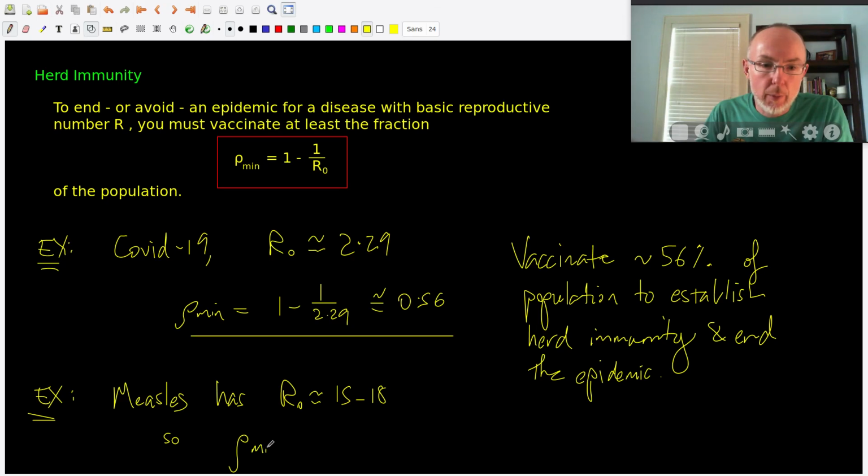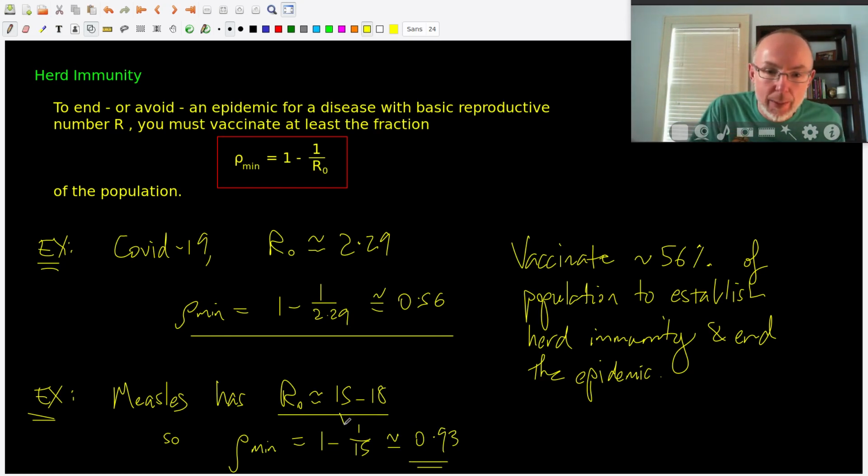It's worth noting before we go, though, that for measles, which has an R naught, if you remember, between 15 and 18, let's say it's 15, let's take the better case there, that's going to give us 93%. So for measles, even if you take the best case scenario for the R naught values, you're going to have to vaccinate about 95% of the population.